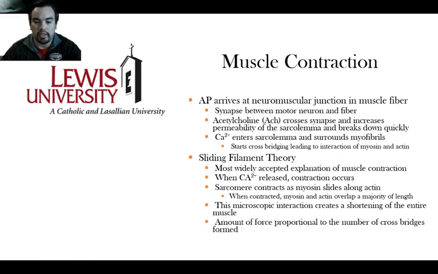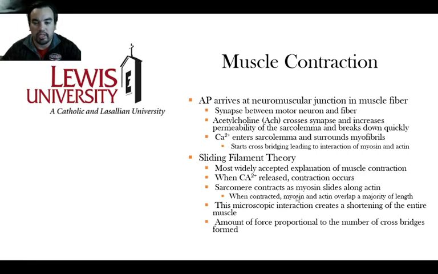It's the most widely accepted explanation of a muscle contraction, what's actually happening physiologically. When that calcium is released, the contraction really occurs. So once that calcium enters the sarcolemma and surrounds these myofibrils, and we get the cross-bridging action of the myosin and actin, that's where we get that contraction.